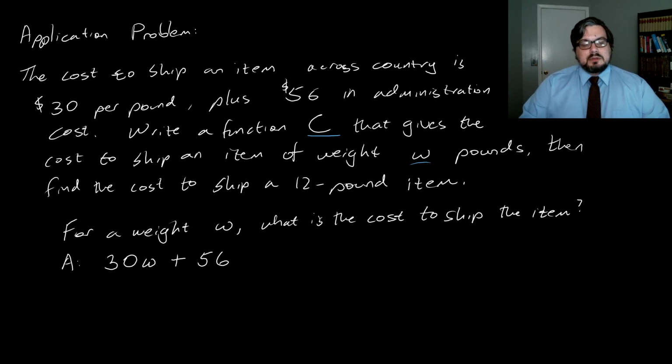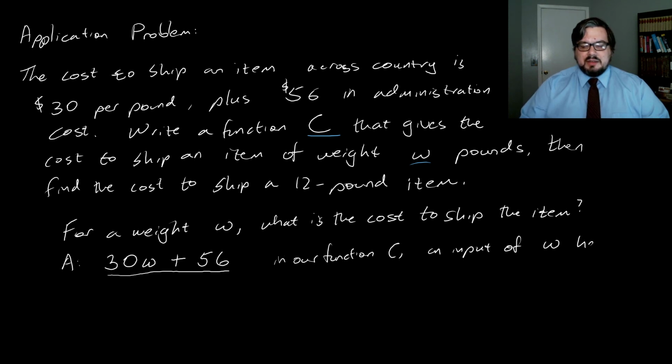So the total cost for shipping an item with weight W is 30W plus 56. So, in other words, in our function C, an input of W has an output of 30W plus 56.